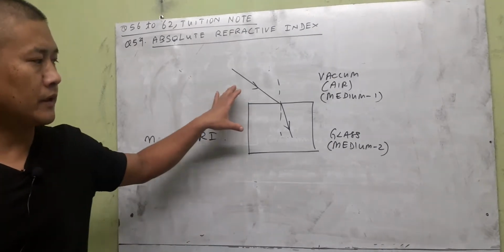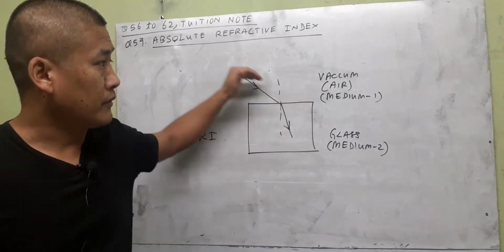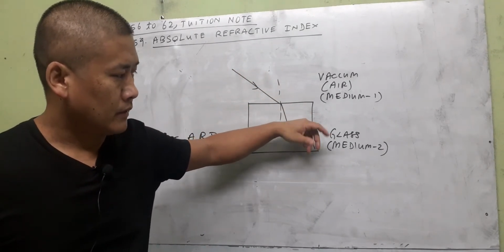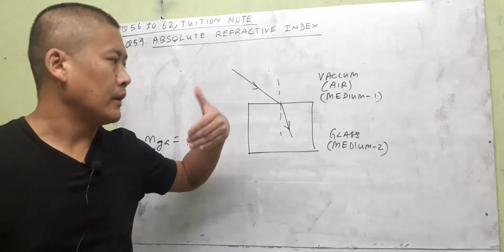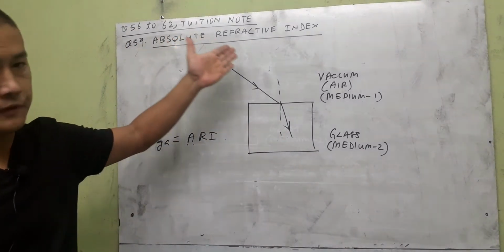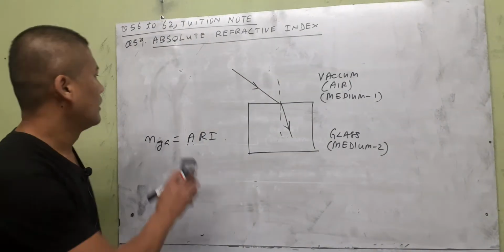When you calculate the refractive index of any substance like glass or water by passing the light ray first through air or vacuum and letting it enter that medium second, then the refractive index calculated in that manner is called absolute refractive index.